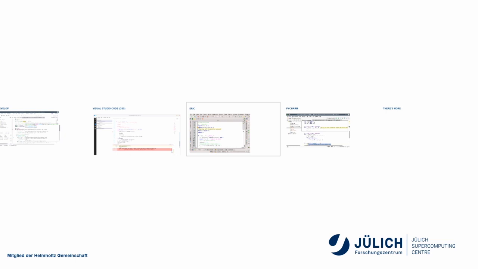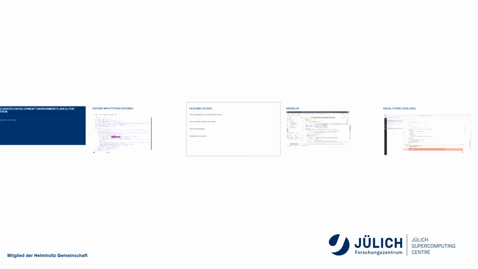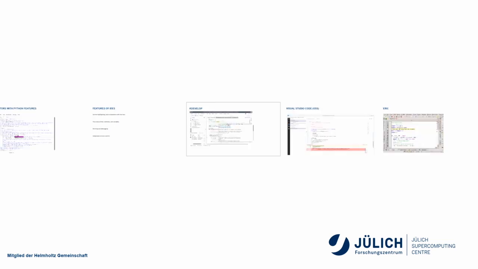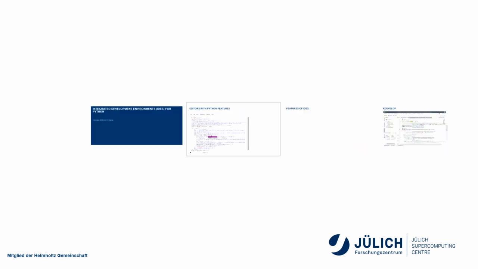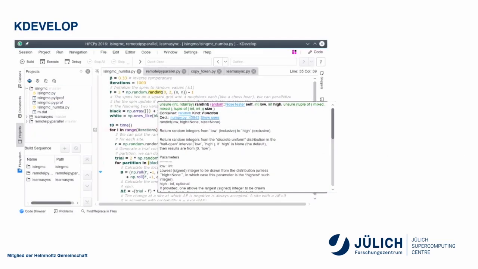I think Eric actually can do it, but I never quite figured out how. Nor did I, and I tried for more than a year. KDevelop can do remote editing, but remote debugging is really a pain, and I haven't gotten it to work properly yet either.